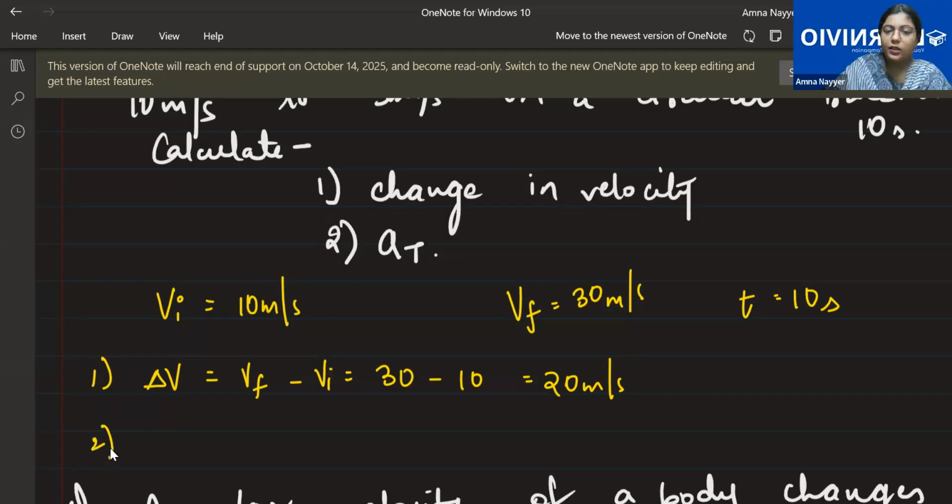Now, coming to tangential acceleration. Hafsa, can you tell me what should be written for the tangential acceleration? We already have the change in velocity. What should be written next?